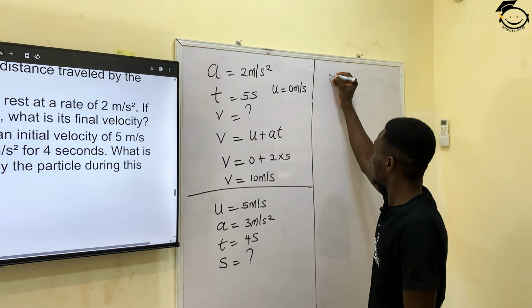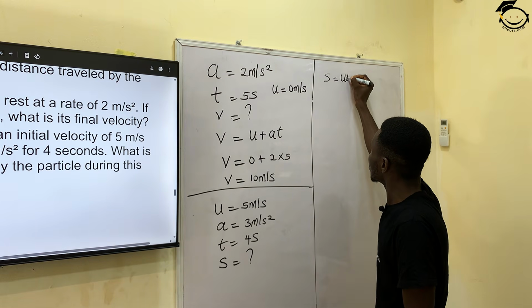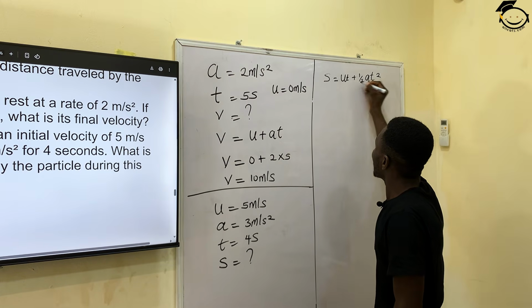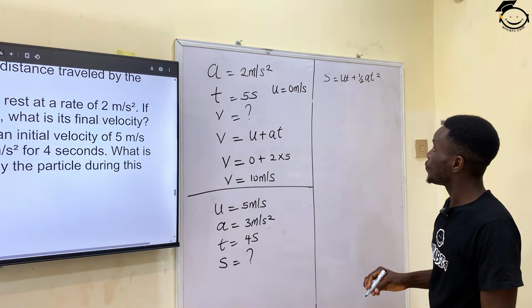That equation of motion says that distance is equal to ut plus half at squared. This is the only equation of motion that has nothing to do with final velocity.